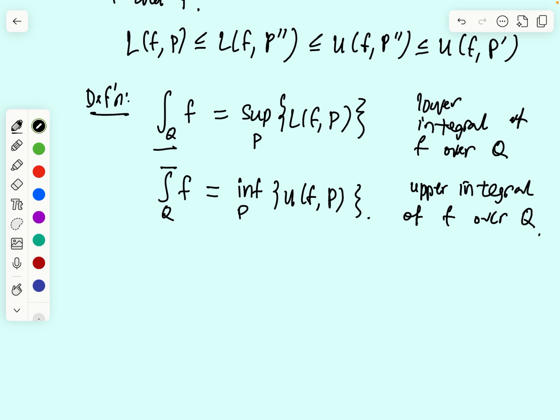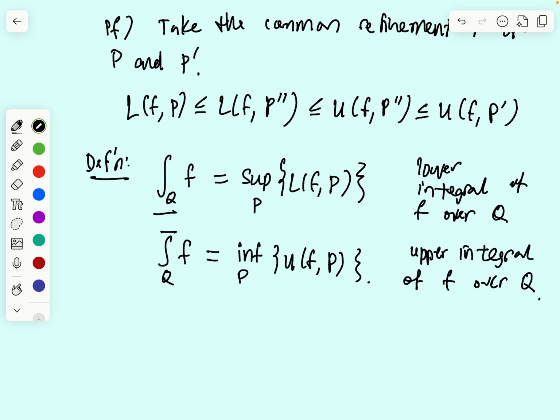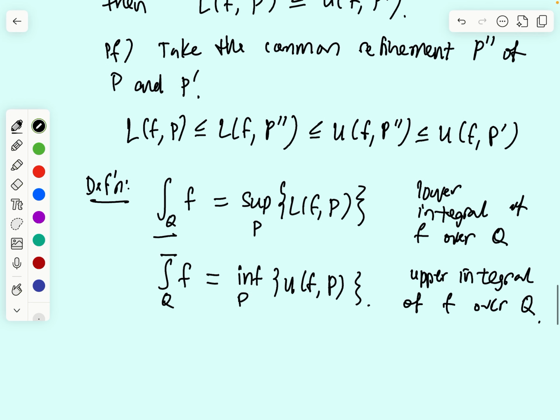And these exist. These are not infinite, because the lower sum is bounded by any upper sum. So the supremum is bounded by any upper sum.